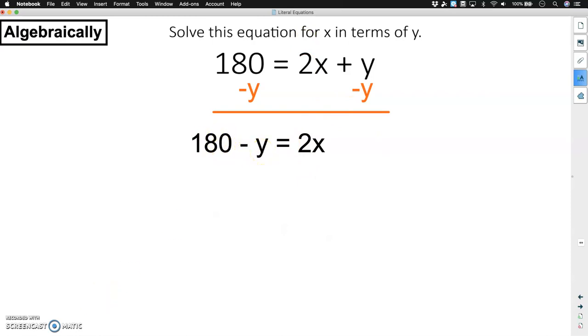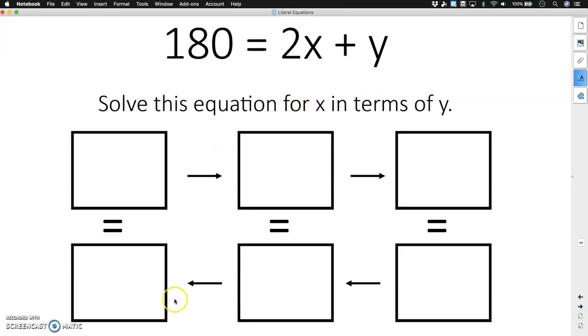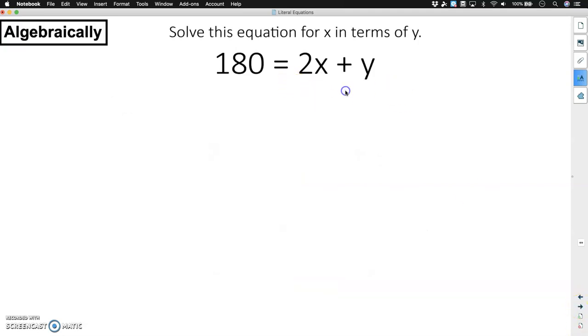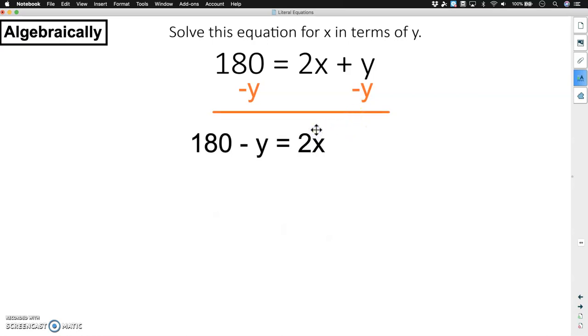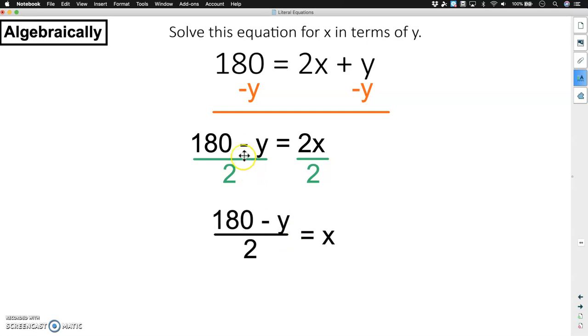If you look back at that middle step here, we had 2x is equal to 180 minus y. So those steps here match what we did in the diagram. Now we need to undo that multiplication. So we're going to divide by 2 on both sides and be left with x is equal to 180 minus y over 2.